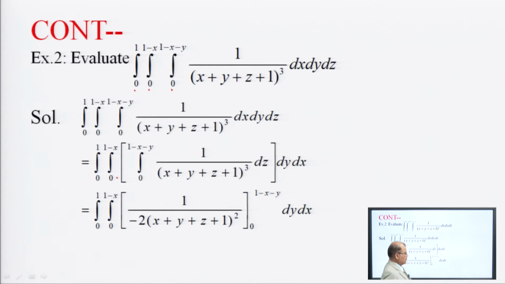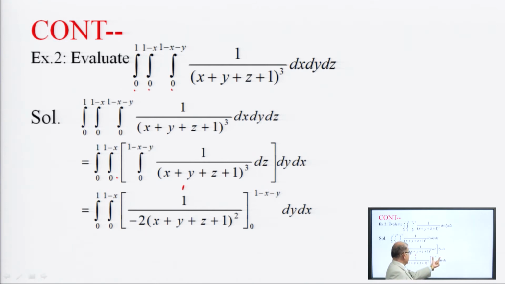Since z contains two variables, we integrate with respect to z first. After that we integrate with respect to y second, and at last we integrate with respect to x. This is the question. First we integrate with respect to z, keeping x and y constant. The integral of this with respect to z is minus 1 by 2 (x plus y plus z plus 1) whole square, limit z varying from 0 to 1 minus x minus y.